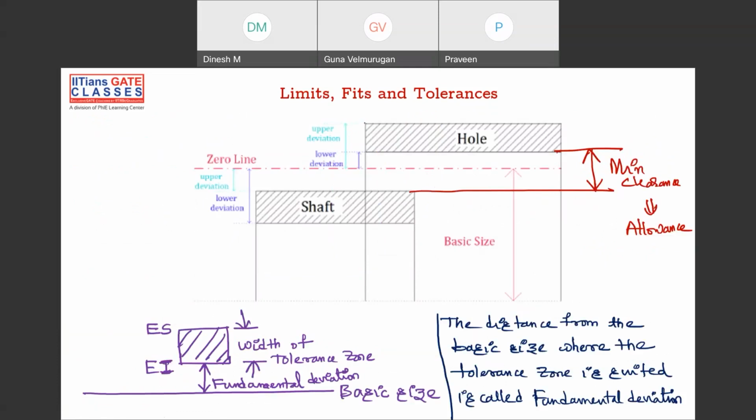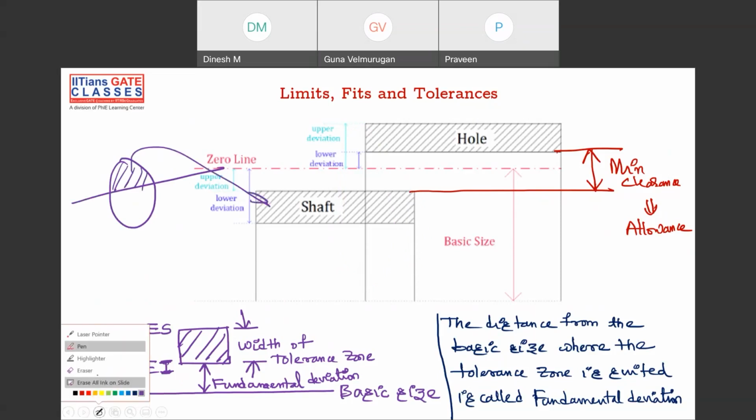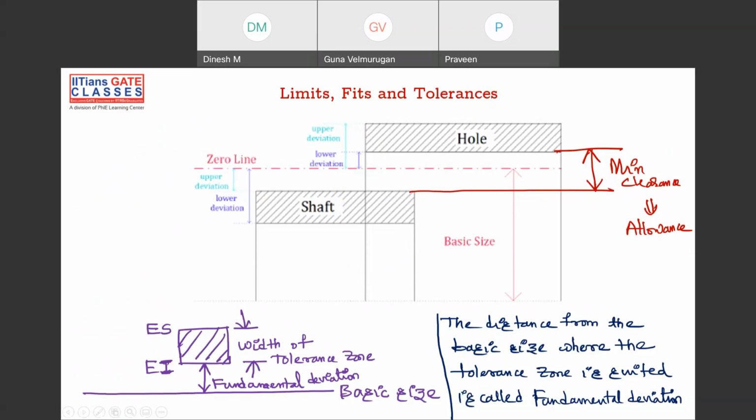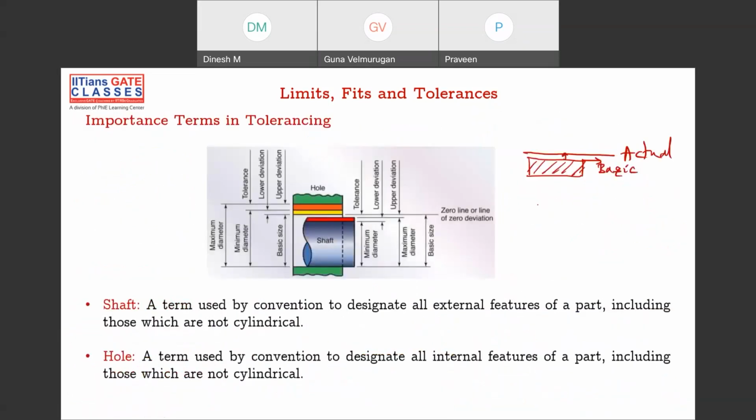So it can be, this is hole and this is shaft. Okay, so only half of it is shown. Okay, the dimensions. But here I think they have shown full. Okay, fine, no problem. But the tolerances they have pushed to the end.